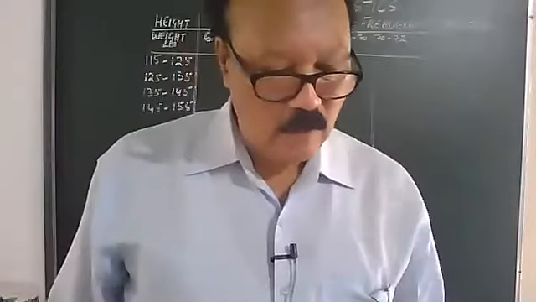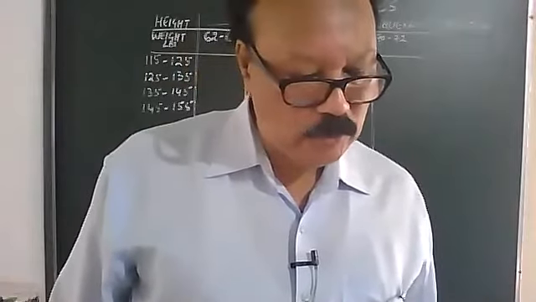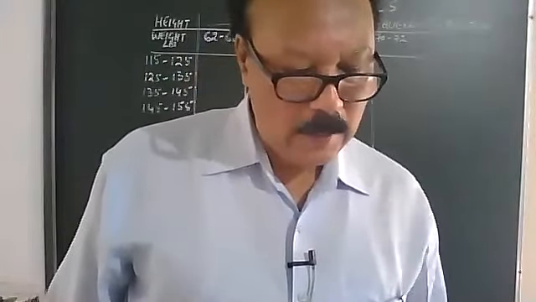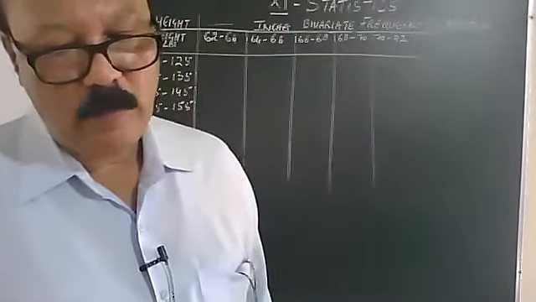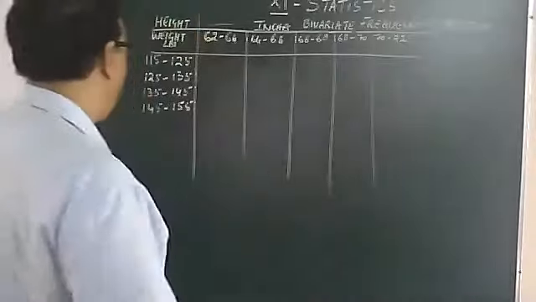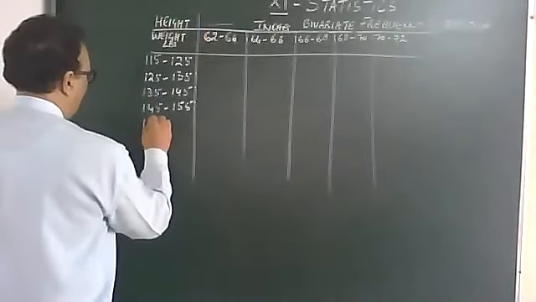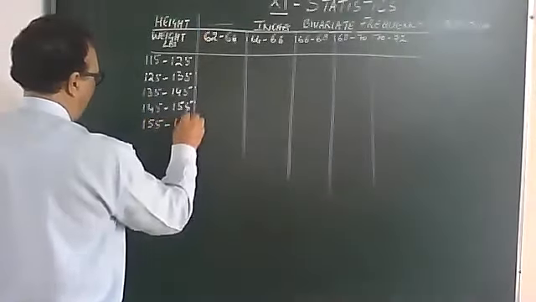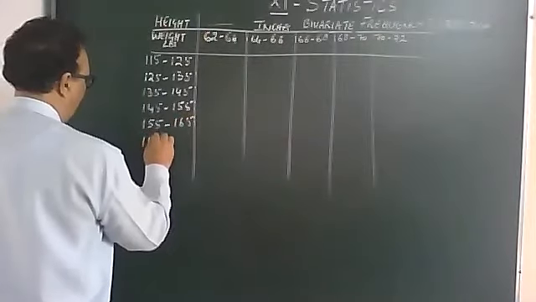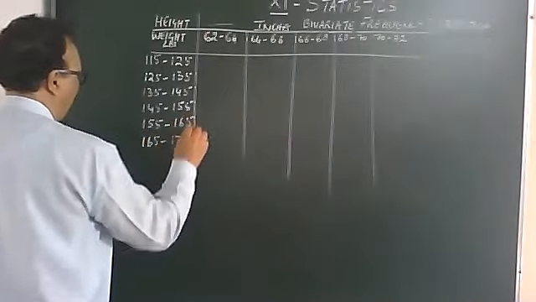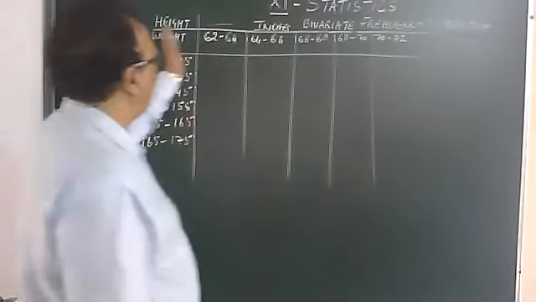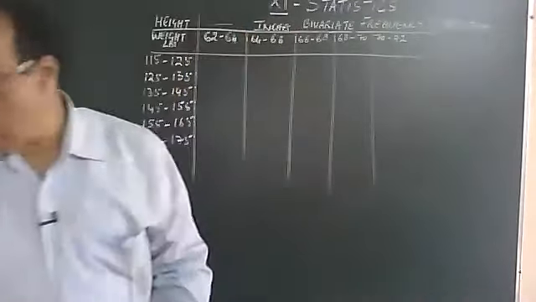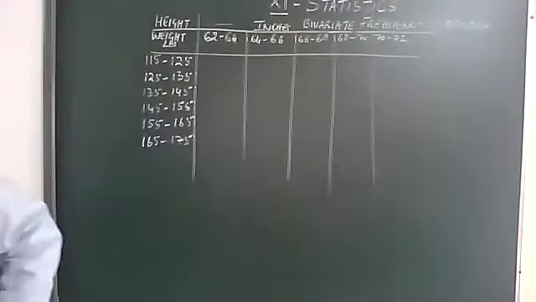If you see in the column, we have up to 163 I can spot. So we'll have to go much beyond that. So 155 to 165 and 165 to 175. So here we have the weights, here we have the height.